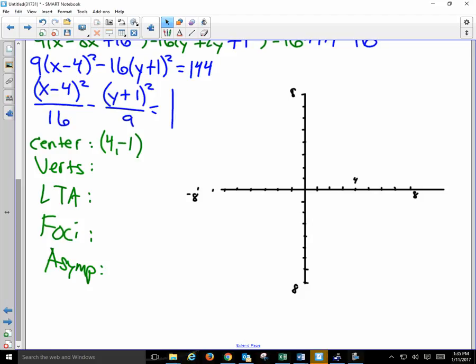All right, 4, negative 1. My tangent rectangle, how far do I go side to side? 4 units. Do I go up and down?